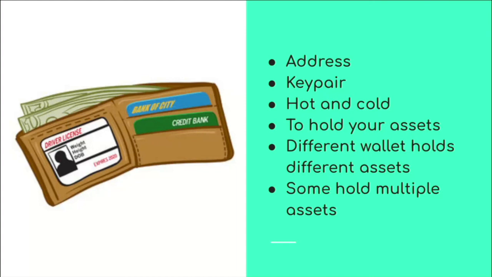Some wallets only receive a certain type of cryptocurrency. Some receive a lot of different cryptocurrencies, even from different blockchains. And some wallets are not that safe, because they're not necessarily non-custodial. Non-custodial means that you own the private key; some wallets might not.